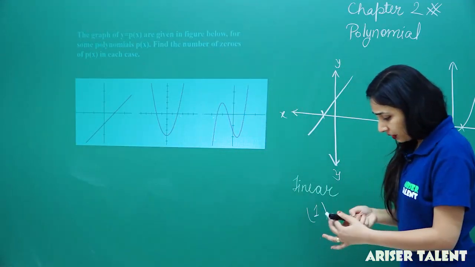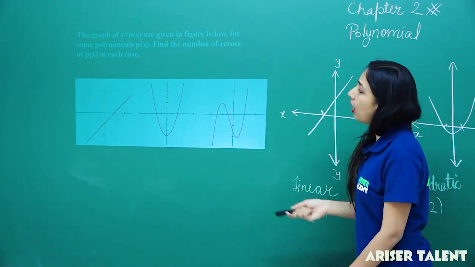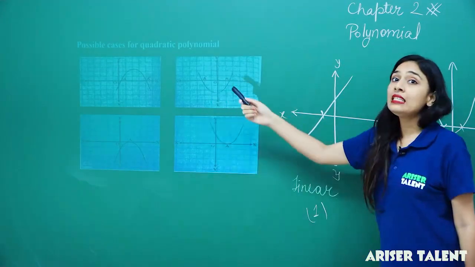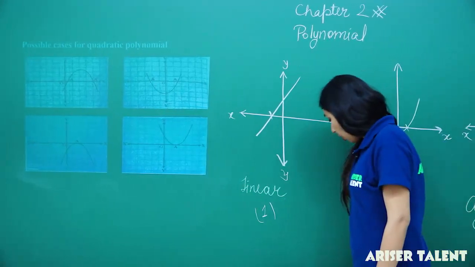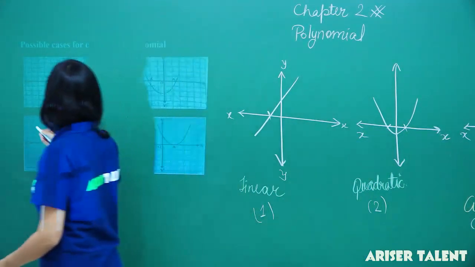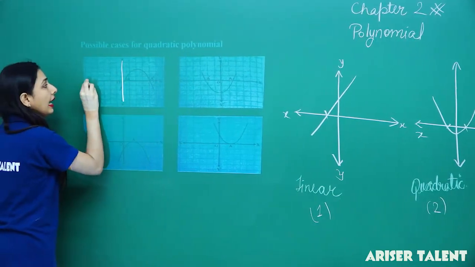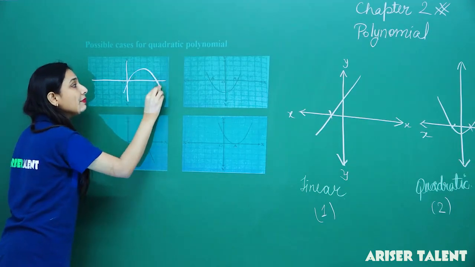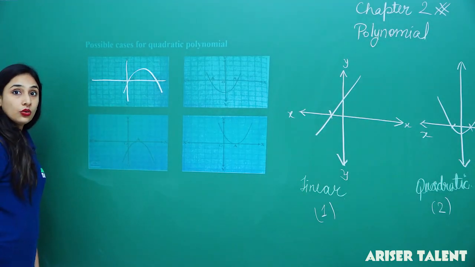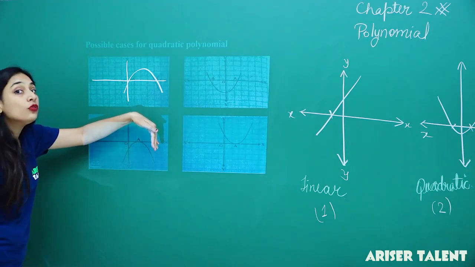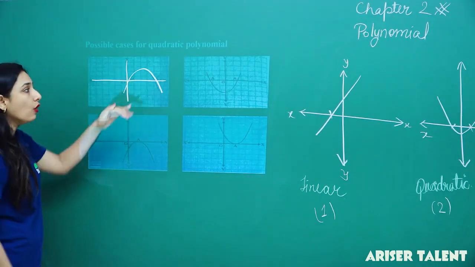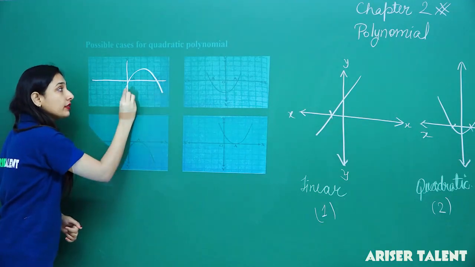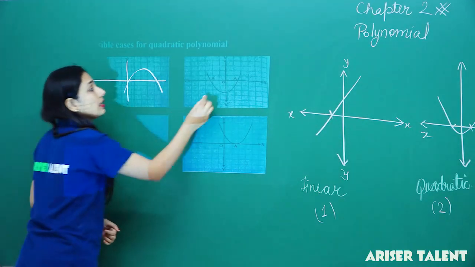Moving forward, when I talk about the quadratic one, these are the possible cases for a quadratic polynomial. This is our x-axis and this is our y-axis. The graph can be like this, that is downwards, parabolic but downwards, and crossing 2 points on the x-axis.